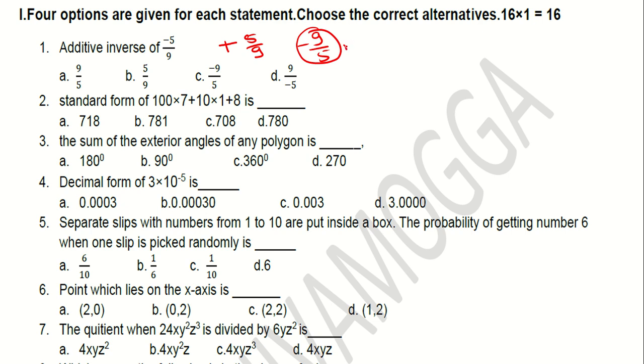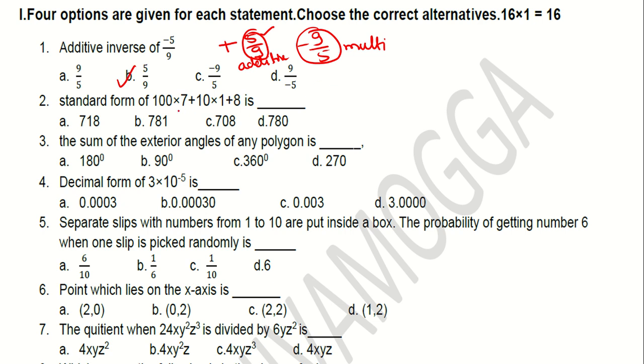Additive inverse means changing only the symbol: if it is minus, write plus; if it is plus, write minus; the number stays as it is. But in the multiplicative inverse, the numerator and denominator change, and the same symbol is retained. Therefore the additive inverse is plus 5 by 9. Option B is the correct answer.